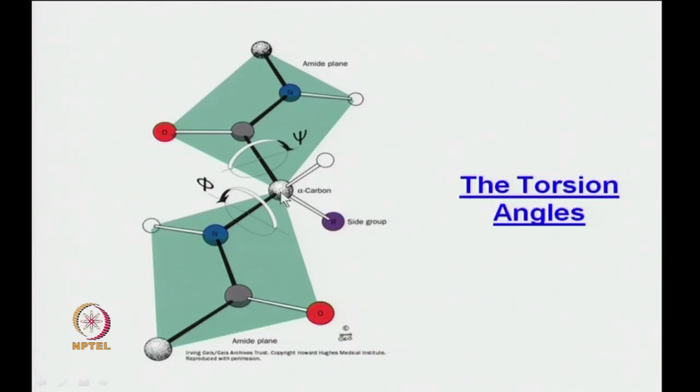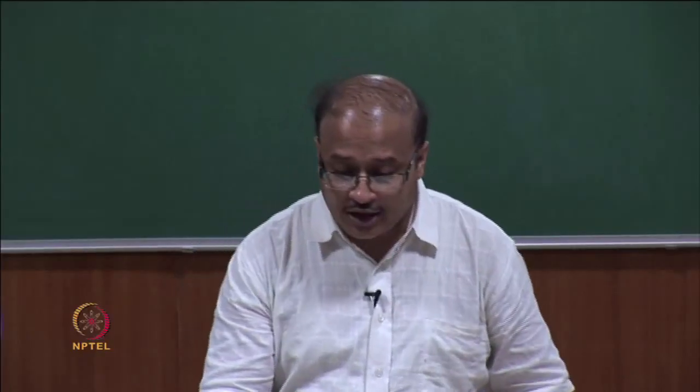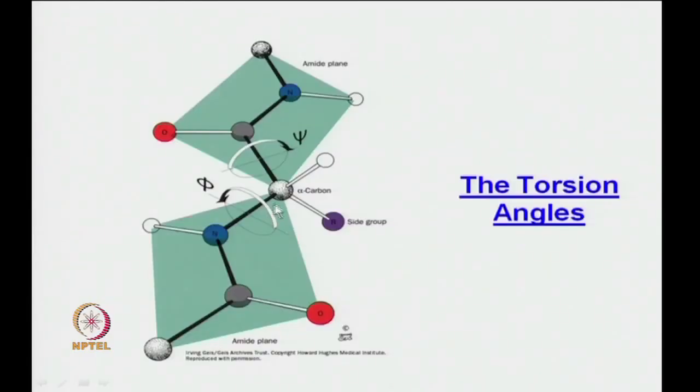How? The C alpha and this atom which is N, and the C alpha and the C, these are single bonds, right. So, around these the planes can rotate. Okay. So, any rotation around the C alpha and N bond, please follow my arrow, is referred to as the phi angle or the phi torsion angle, and any rotation around the C alpha and C bond is referred to as the psi torsion angle.